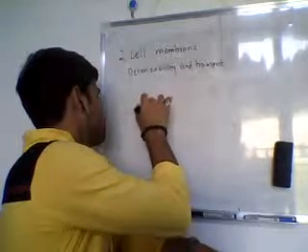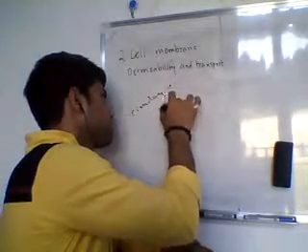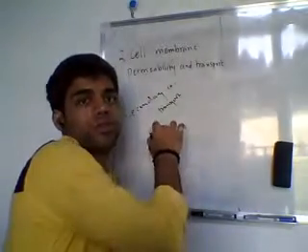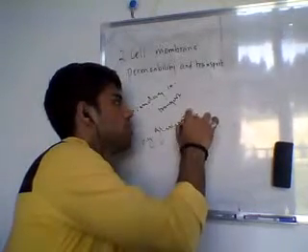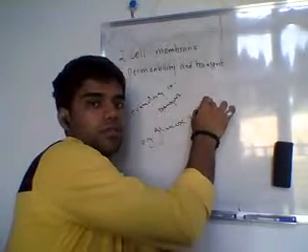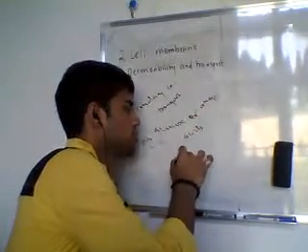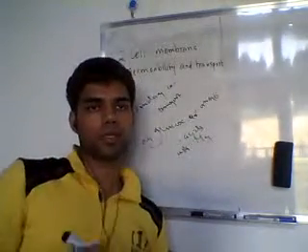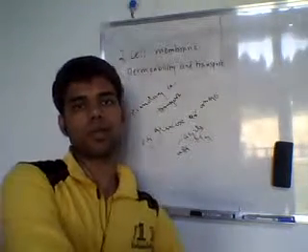Okay, secondary co-transport. Let me give you an example. It's the transport of glucose or amino acids with sodium. Suppose sodium is on the exterior side of the cell, right?